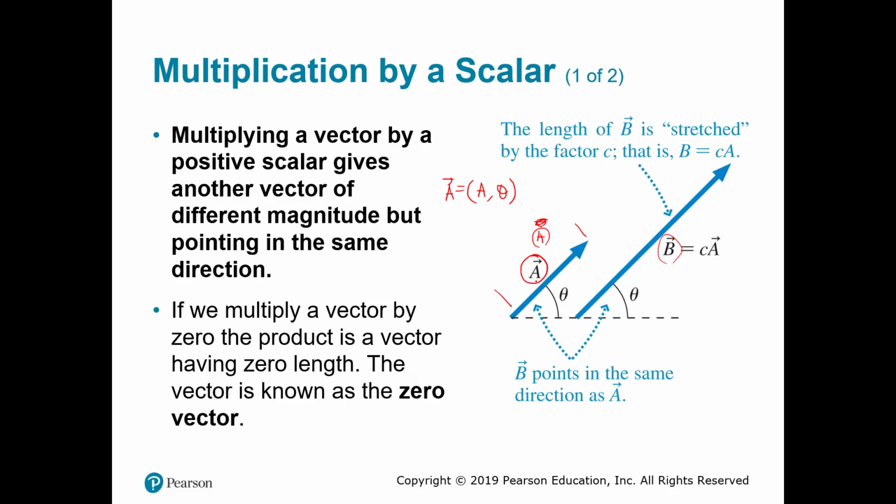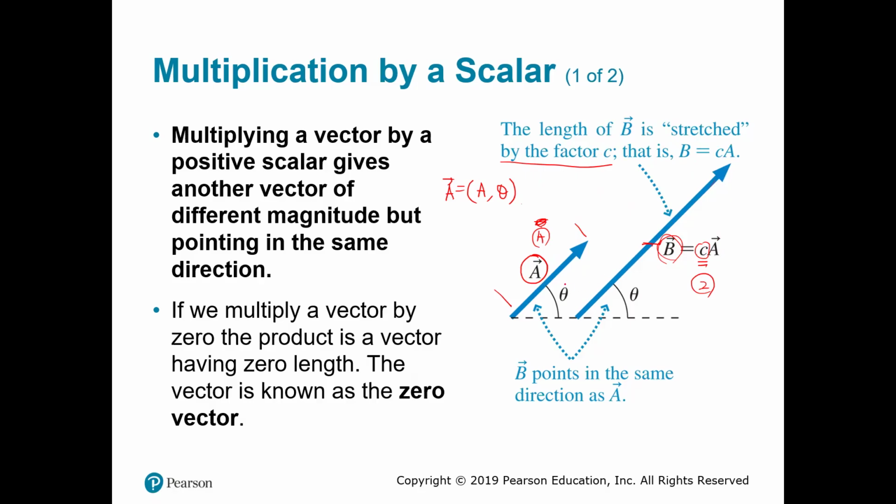This is similar to A vector, but slightly different, with this coefficient C in front of A vector. This means that you stretch the length of vector A by a factor of C. For example, let's say C is 2, then B vector is 2 times longer than A vector.